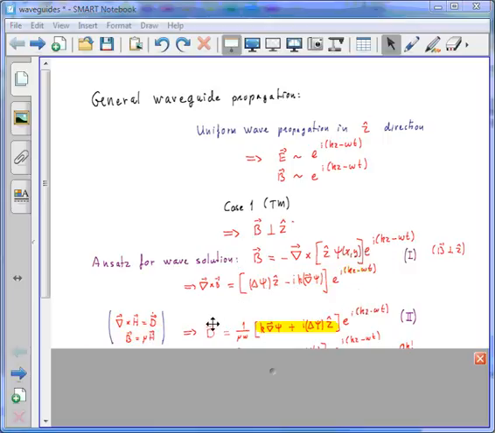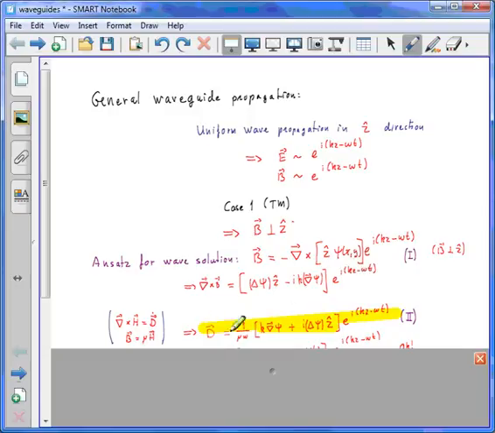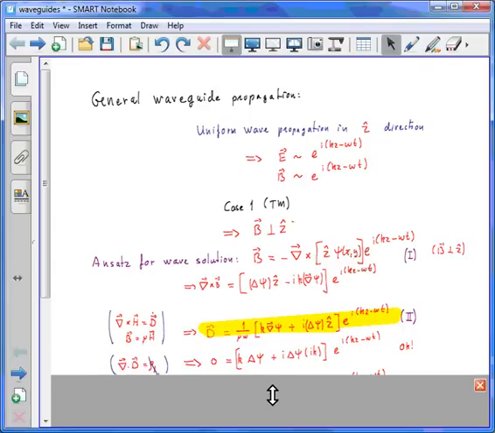So we have this D equals to all this, and we want to see whether this expression for D is consistent with Maxwell equation. To do that, we can take the divergence of D, which is equal to rho f, the free charge, but if we assume that the free charge is 0, then the divergence of D should be 0.